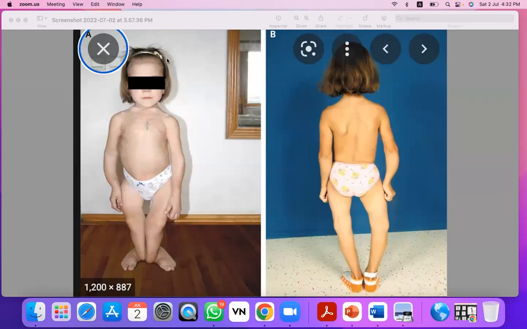And it looks like a box-shaped head. And also dental, there is dental hypoplasia.